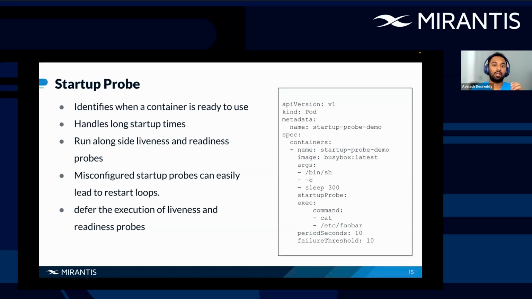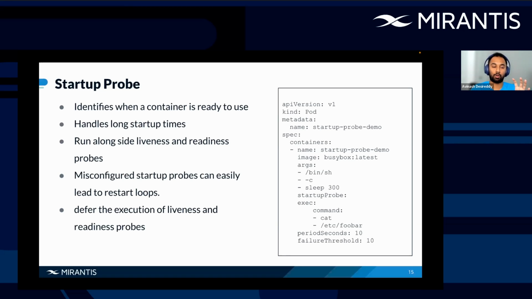The next one is the startup probe. Startup probes verify whether the application within the container has started or not. Startup probes run before any other probe, and unless they finish successfully, all other probes are disabled. All three probes can be configured on a single pod.